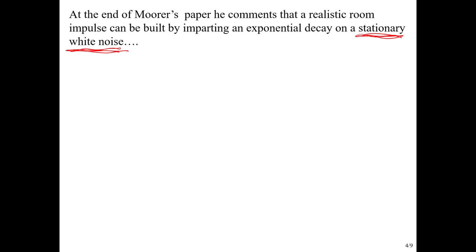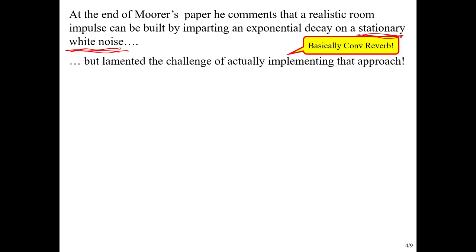Now, you have no way of making that sound like a particular room, but it would sound like a reasonable reverb. That was an interesting observation. But then he said, yeah, but I can't really do that because I don't know how I would implement that in any other way than making it this way and getting a very long impulse response and then using that as the impulse response in a convolution reverb.